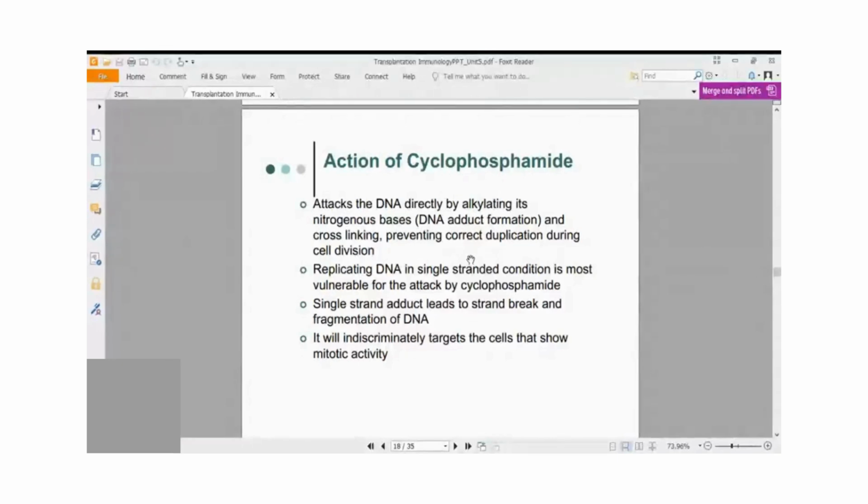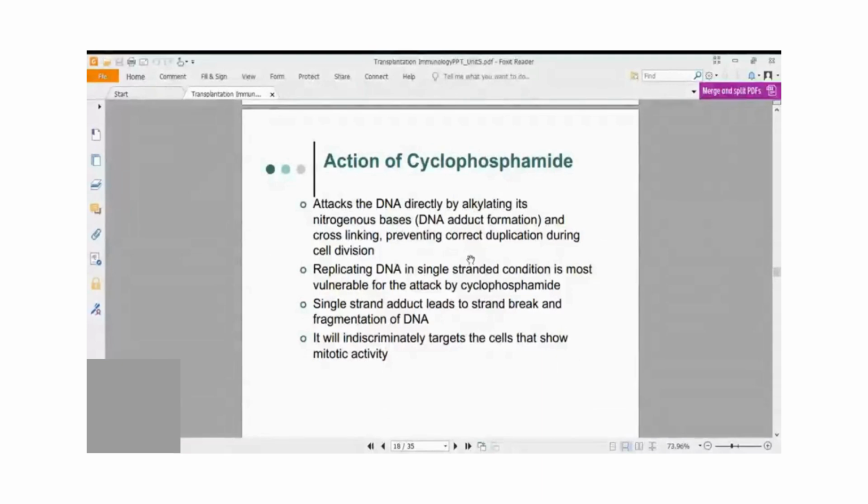It is not protected by histones. Cyclophosphamide forms the DNA adduct when the DNA strand is naked. When the histone is present, cyclophosphamide cannot act on the DNA. Histone will protect the DNA from the action of cyclophosphamide.